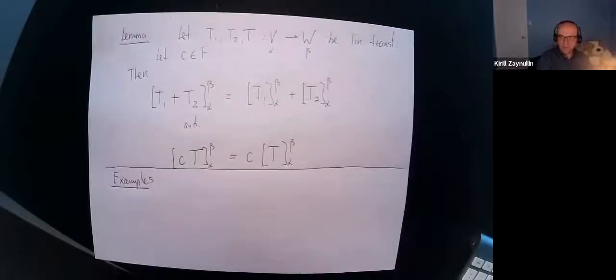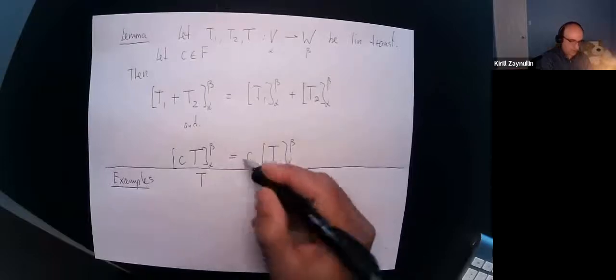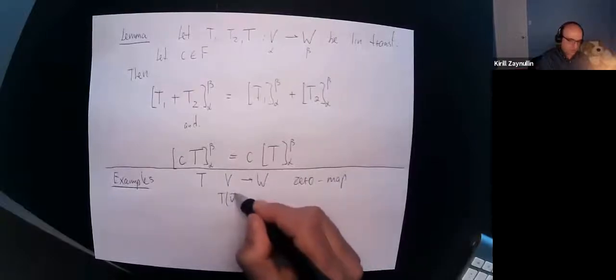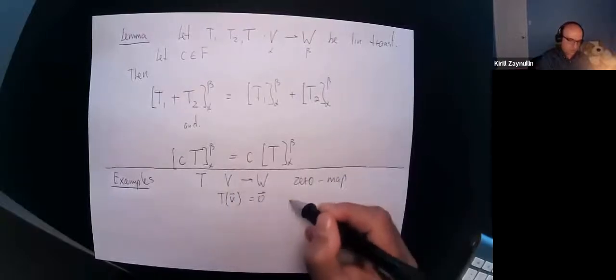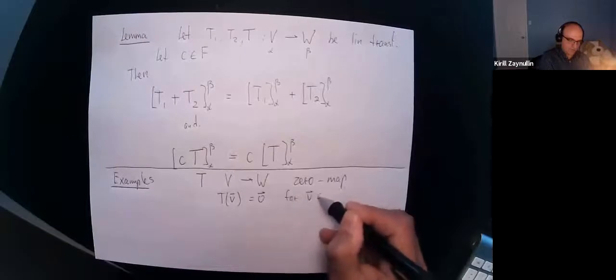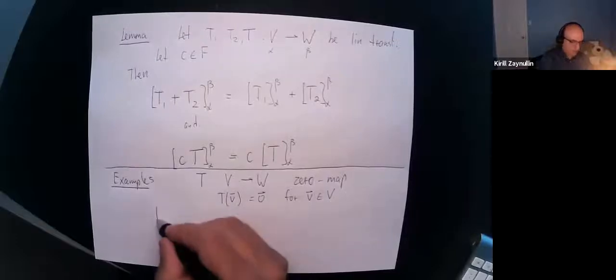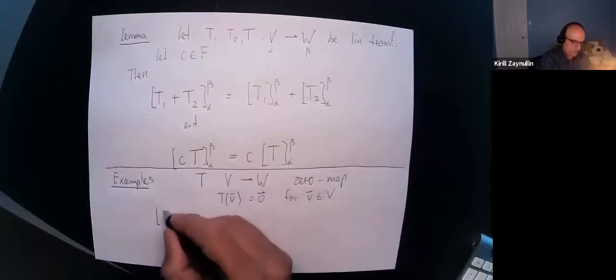Right. So there are, of course, a couple of trivial examples. Let's look at this map T from V to W, and let's suppose that this is the trivial zero map, or zero transformation. So what does it mean? It means that T of v is set to be zero for all v. What will happen with the transformation matrix then? In that case, you can choose any basis of V and of W, it doesn't really matter.